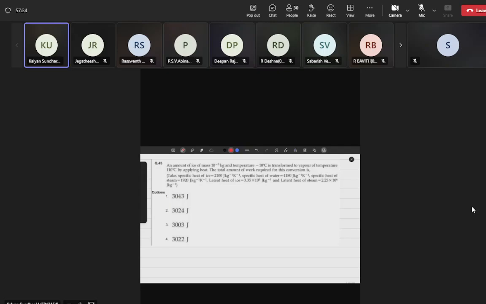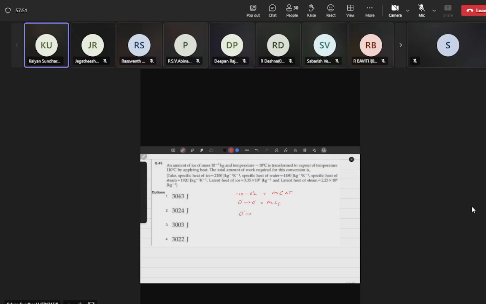From minus 10 to 0 degrees Celsius, it will be m into c into del T. Correct? Now at 0, the phase change happens with the temperature remaining constant, so this will be m into LF.